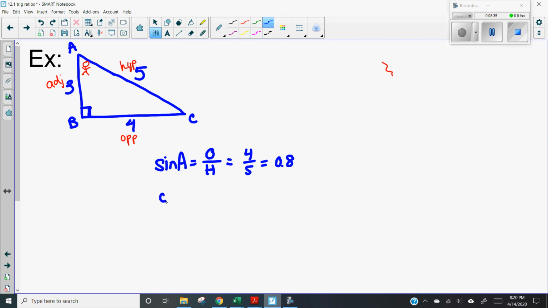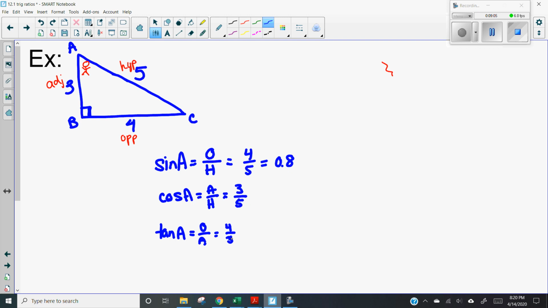Cosine of that same angle, angle A. Now this one's adjacent over hypotenuse. So this one is equal to 3/5, or you could put 0.6, that's fine. And then tangent of angle A is opposite over adjacent. We're just looking at our labels here, so we've got 4/3. That's it, you stop there.